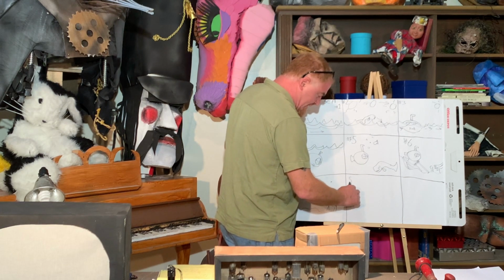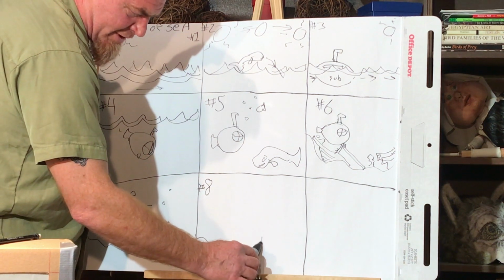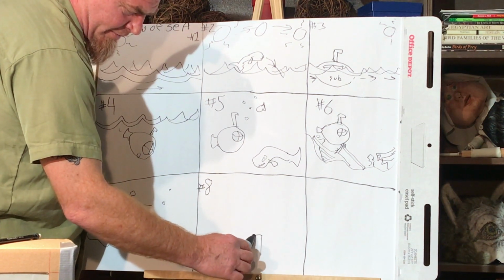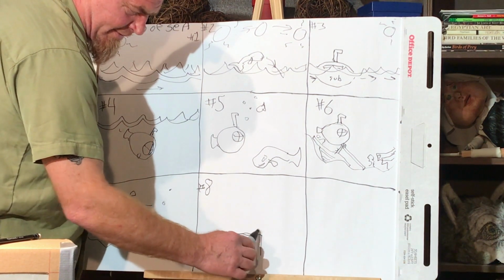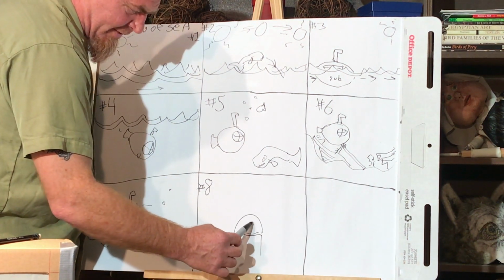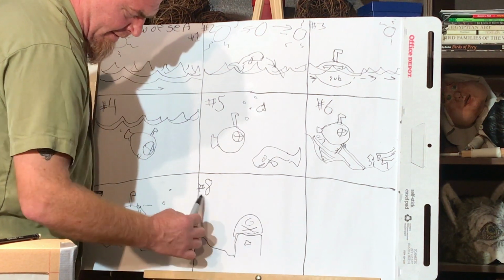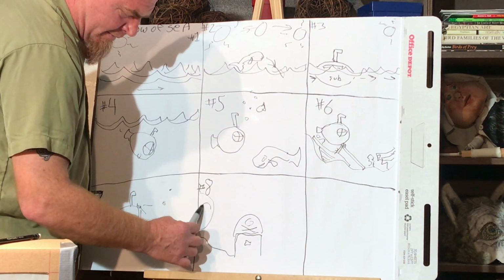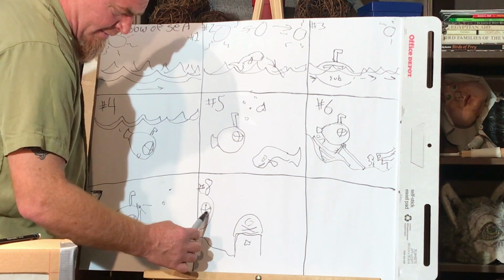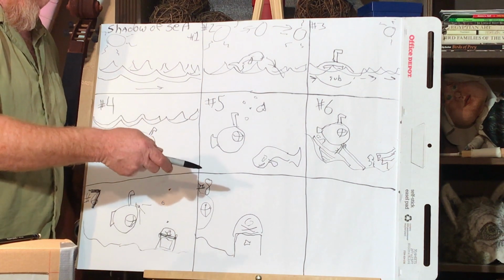So scene 8. So we're down here. Now we're to the chest. Maybe when we want to do a close-up on the chest, like zoom in on that chest. So let's see what's in there. All right. So do you get out of the sub and dive to the thing?